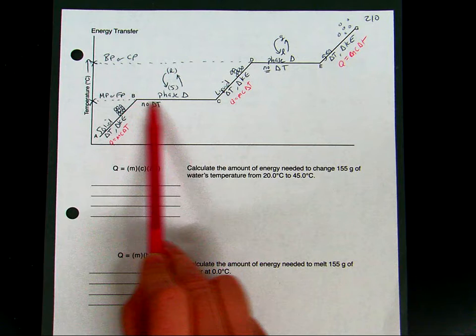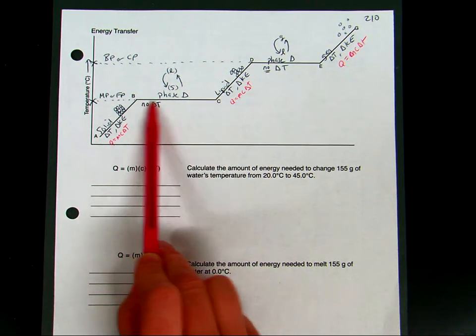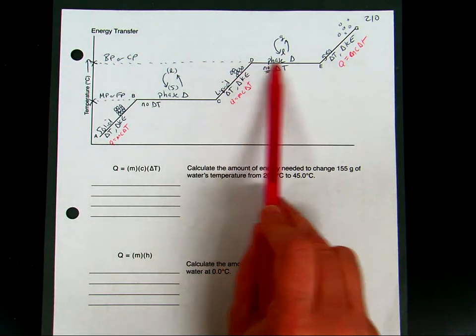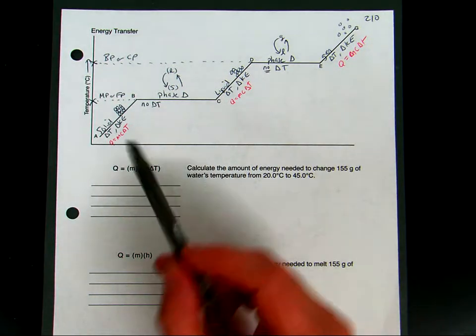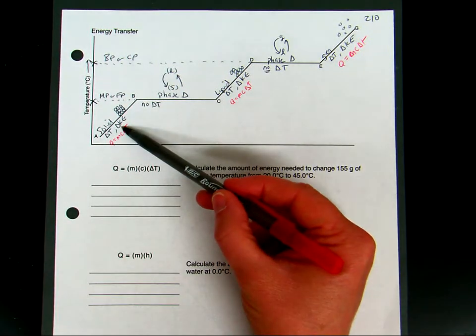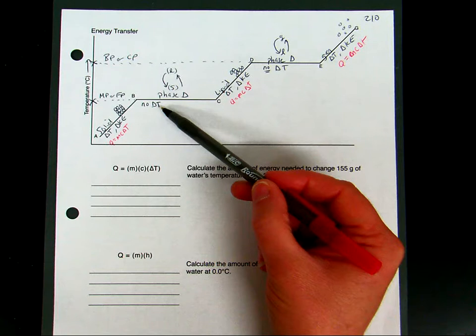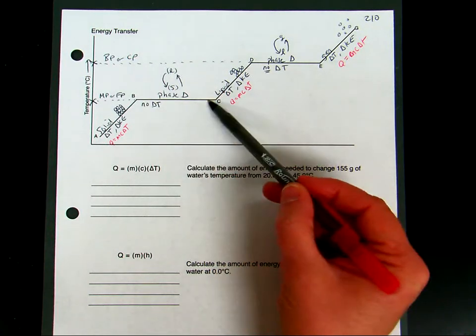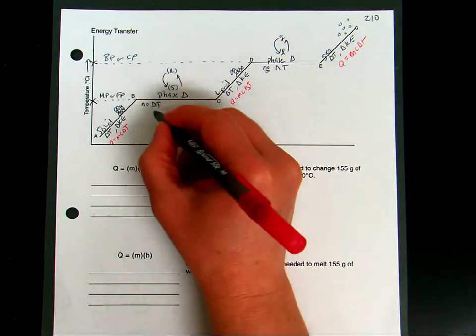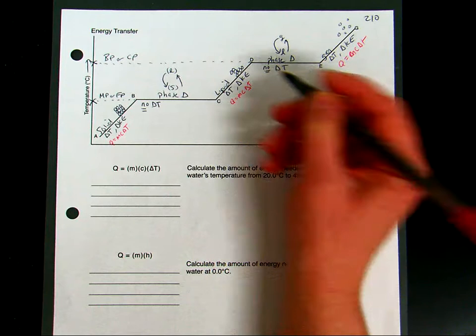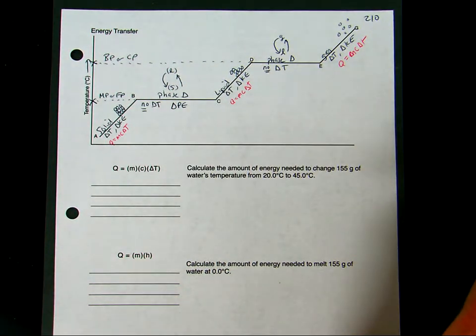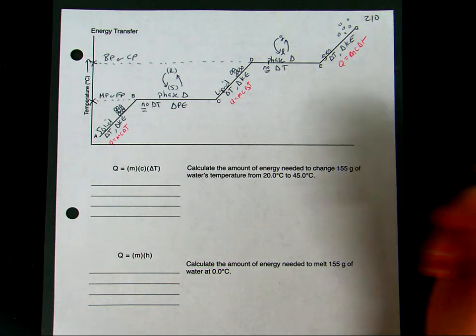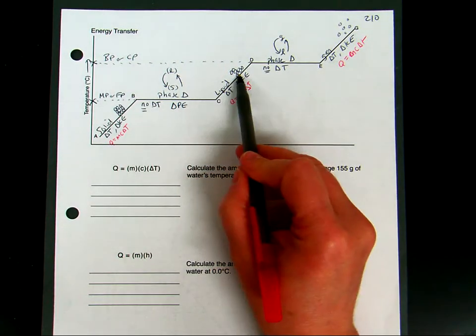And energy is definitely being transferred between B and C and D and E. It's just not recognized as the kinetic form of energy or characteristic, but it is being absorbed and released in the potential form. So when there's no delta T going on, that means we have a change in the potential energy, or stored energy.